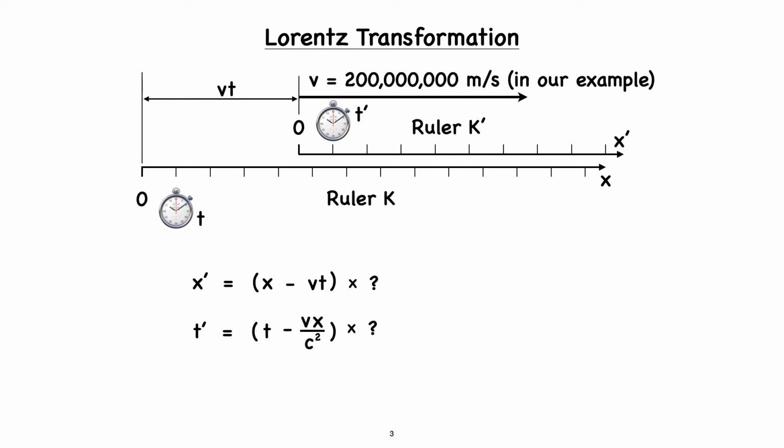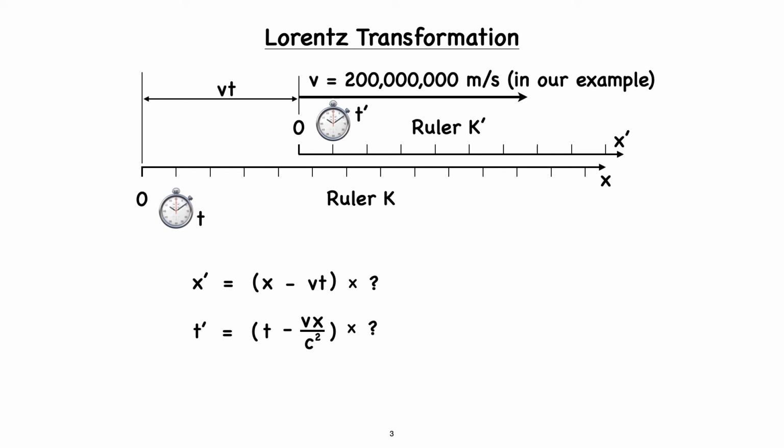Wow, that's looking significantly different to the Galilean transformation. Again, we're calculating t dash, and it equals t as before, but then minus v times x upon c squared, that's the speed of light squared. Finally, as in the first equation, the whole lot is then multiplied by that same mystery factor. Again, I'll not say what that is just yet.